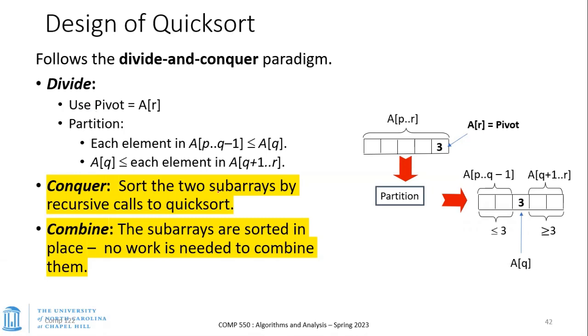The conquering is sorting the 2 sub-arrays by recursive calls, and the combination is fairly trivial, so nothing needs to be done in combine. It's really the division which is the difficult part, whereas in merge sort the combine was the difficult part. Because the array is being sorted as we go along, nothing needs to be done in the combine stage.